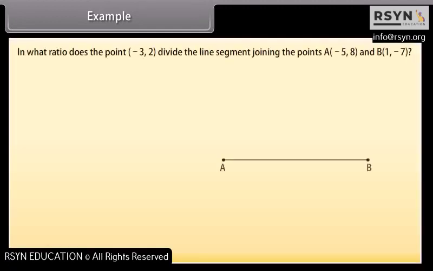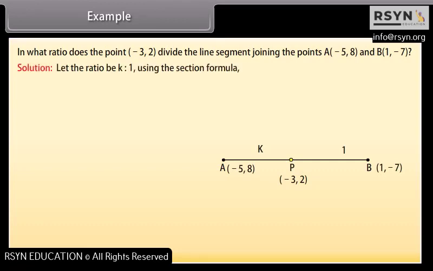Example. In what ratio does the point -3, 2 divide the line segment joining the points A -5, 8 and B 1, -7? Solution. Let the ratio be k:1. Using the section formula, -3, 2 is equal to k minus 5 by k plus 1, minus 7k plus 8 by k plus 1.